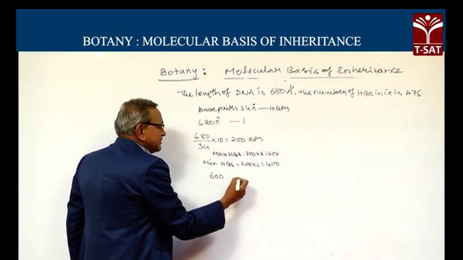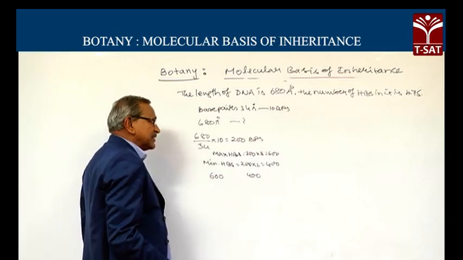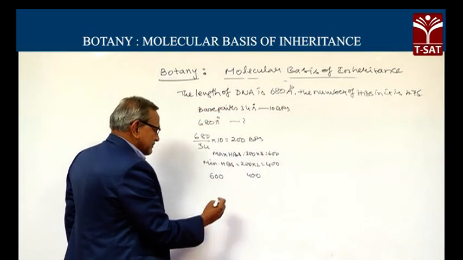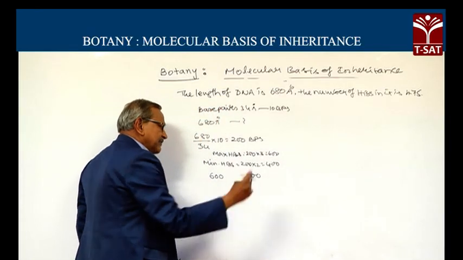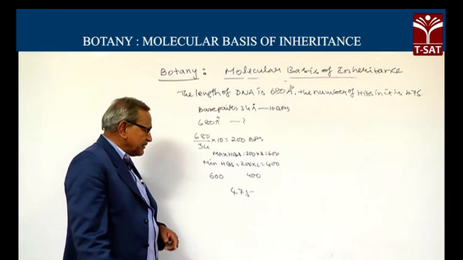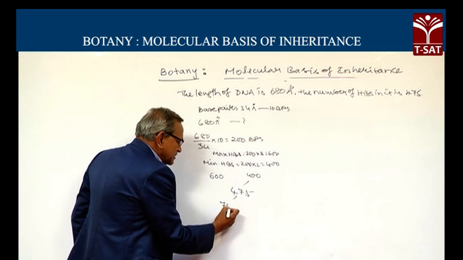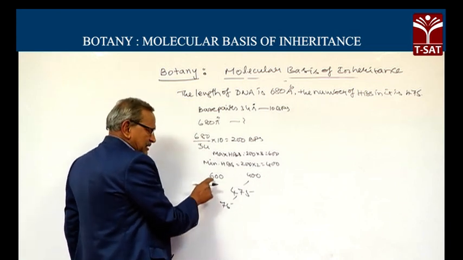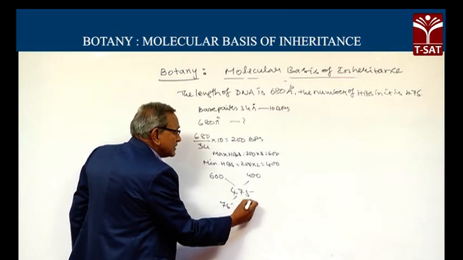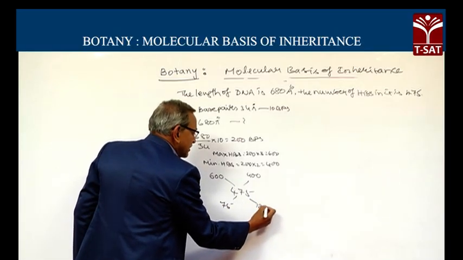So, 600 is the maximum figure, 400 is the minimum figure, and in between our given figure is 475. Let me subtract the 400 from 475, and here we have 75. And let us subtract 475 from 600, we have 125.